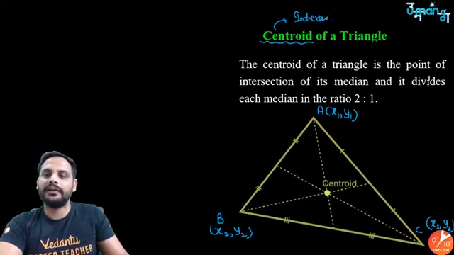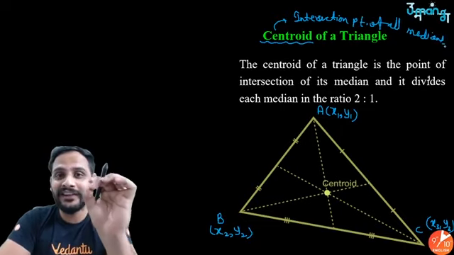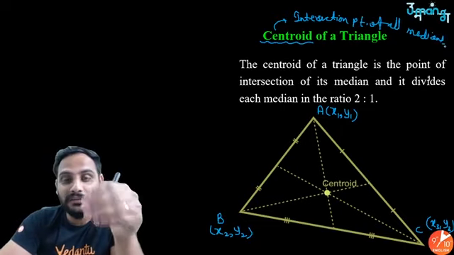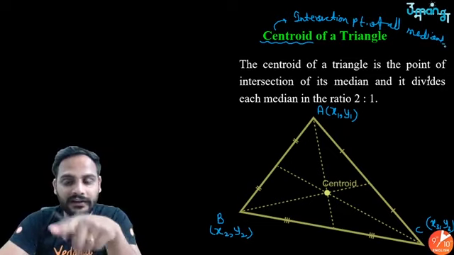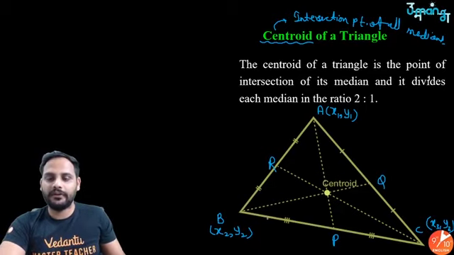What is centroid? Centroid is the intersection point of all the 3 medians of a triangle. See how amazing it is, that all the three medians of a triangle intersect at a common point. So all these are medians. AP is a median, BQ is a median, CR is a median.